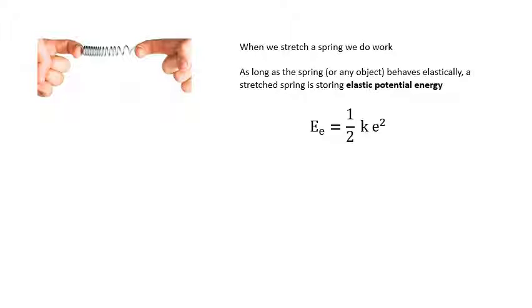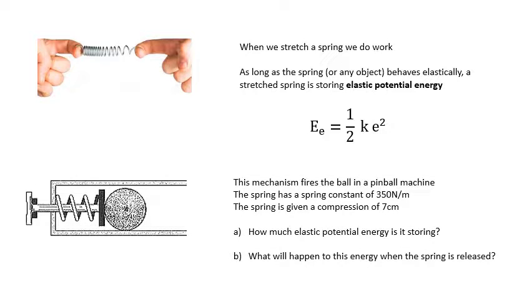Let's look at an example. So this pinball machine, the mechanism fires the ball. The spring constant is 350. We compress the spring by 7 centimeters. So how much elastic potential energy is it storing? And then when you let go of it, what will happen to that energy? So have a go yourself, and I'll show you the answer in 3, 2, 1.